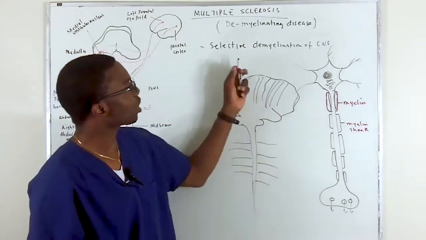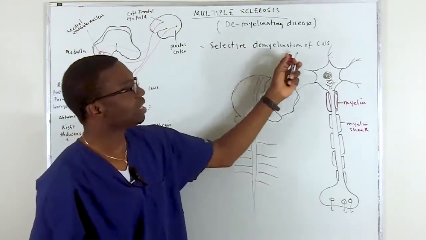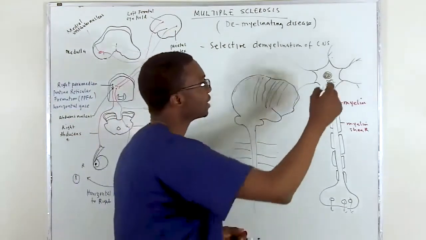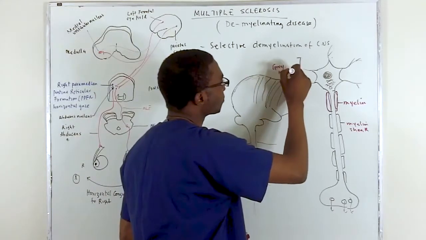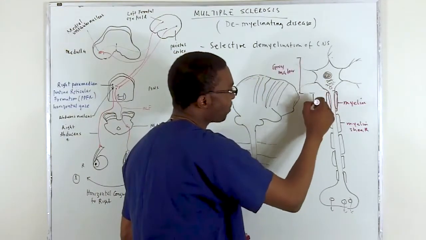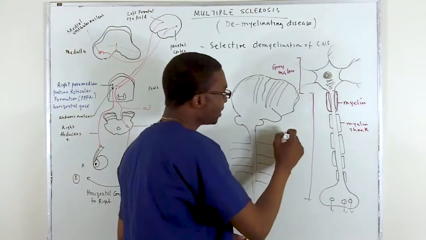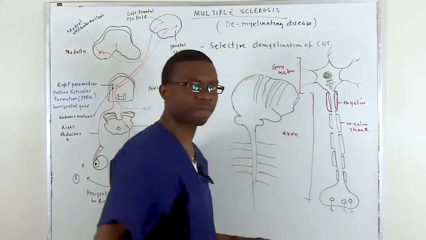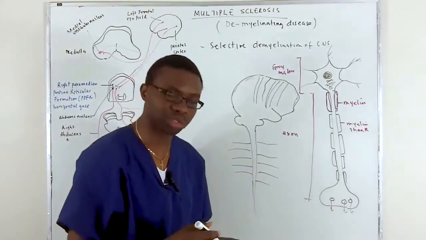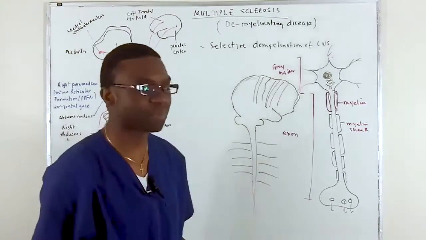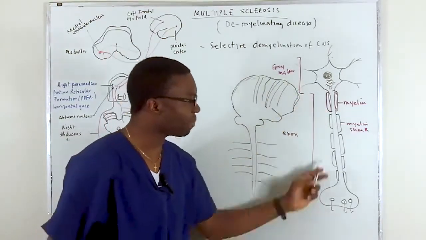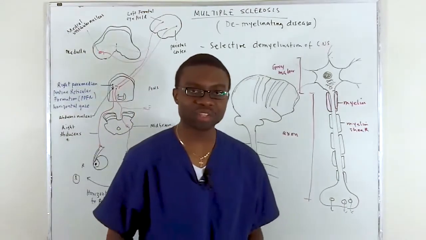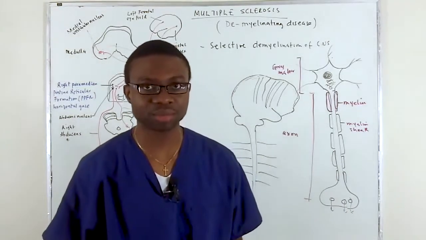However, we're talking about selective demyelination of the central nervous system. This part of the neuron is what forms the gray matter, and the white part that I was talking to you about is the axons. You can call them fascicles, axons, tracts. They mean the same thing. Now, the gray matter is on the outside of the brain, and the white matter is the axons of the neurons.